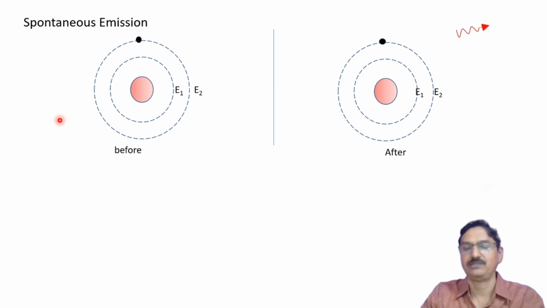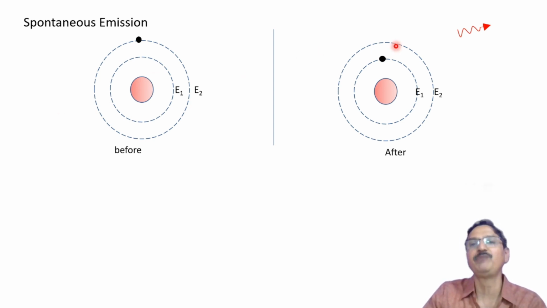So this electron tries to decrease its energy by emitting a photon. So there is emission of a photon from this atom and electron.